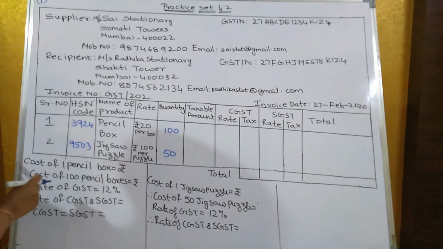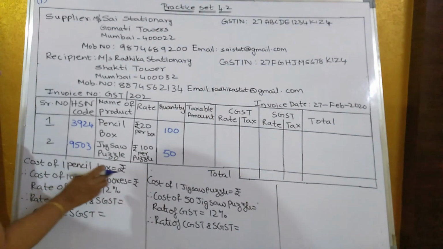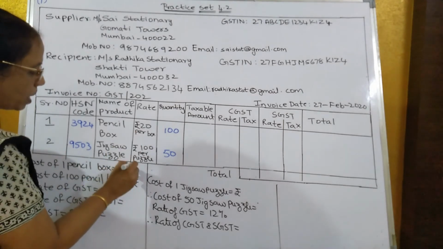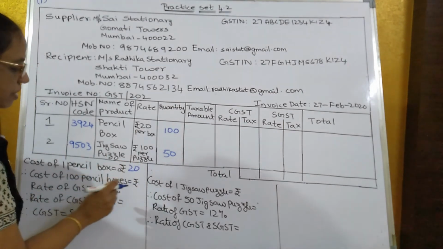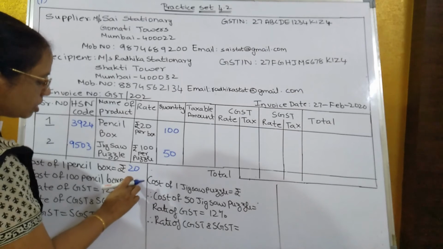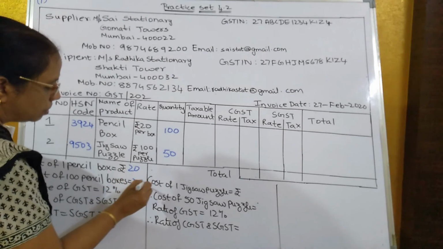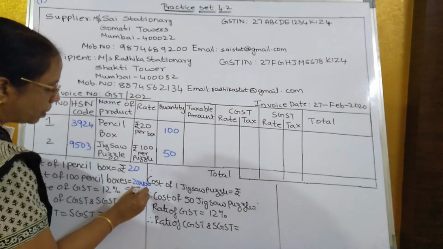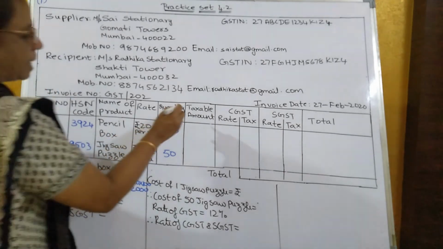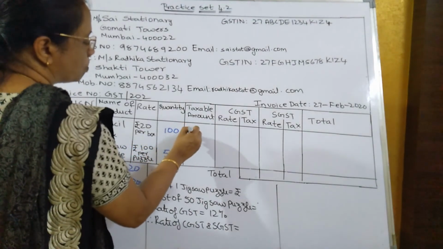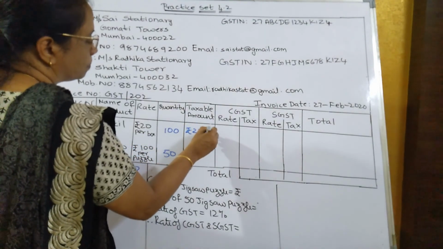So here you have to find out the cost of 100 pencil boxes. Now what is the cost of one pencil box? Rupees 20. Therefore the cost of 100 pencil boxes will be 20 into 100, that's equal to 2000. So over here the taxable amount of 100 pencil boxes is rupees 2000.